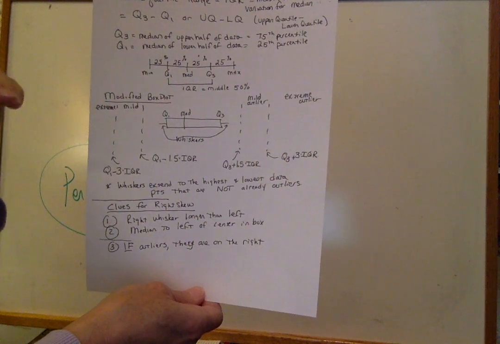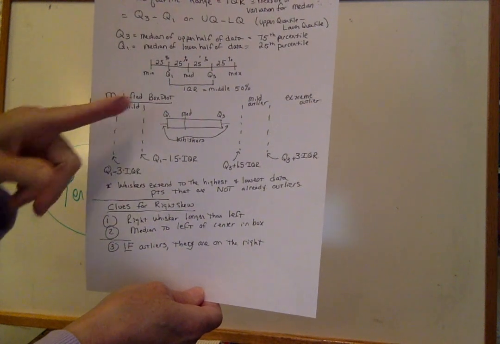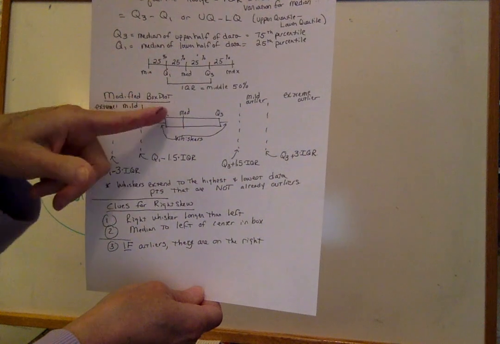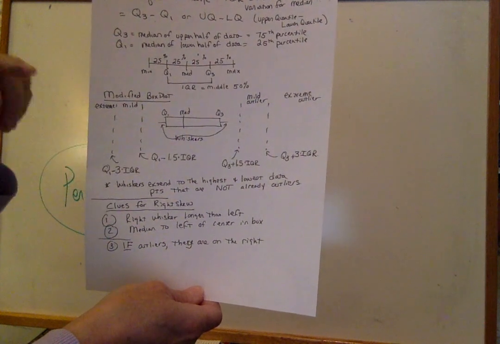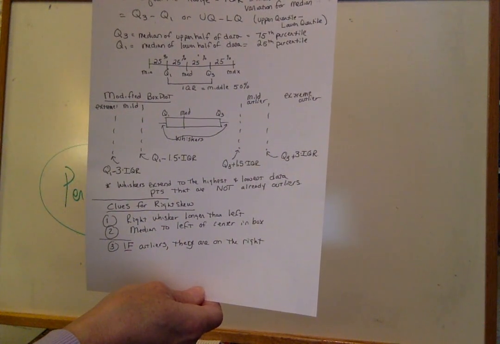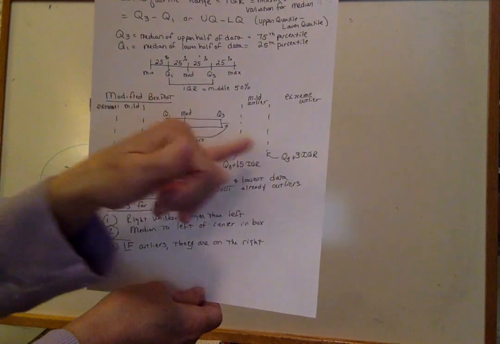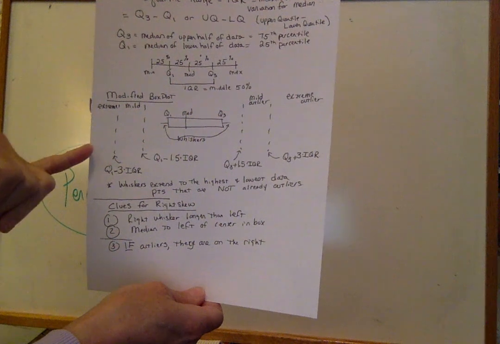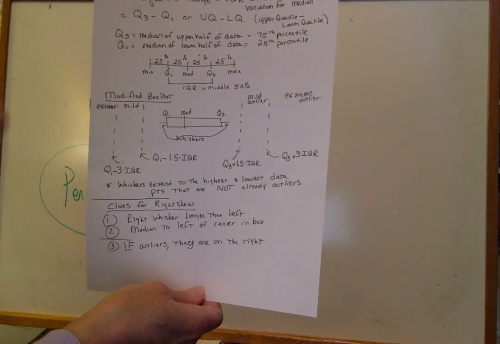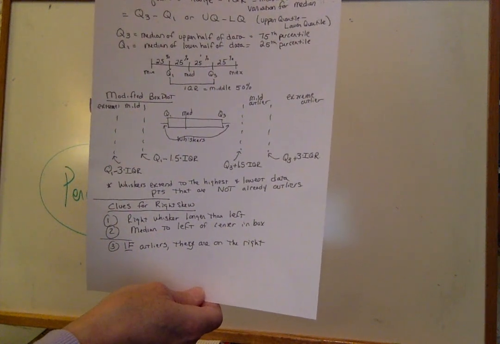Then they moved this to the Algebra 1 curriculum, and they did more of a modified box plot. It depended on the Algebra 1 teacher and also the textbook on whether they did exactly what I'm about to show you or if they did a slightly watered down version.